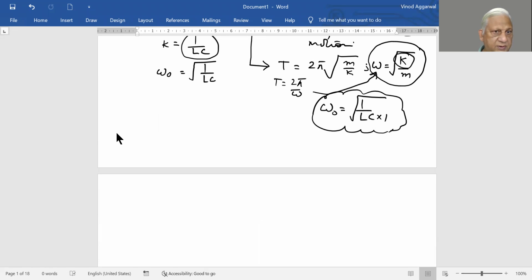So we can write the expression as Q is equal to Q naught, which actually is Q max, cos of omega t, the frequency will be the same as this frequency, plus some phase angle.